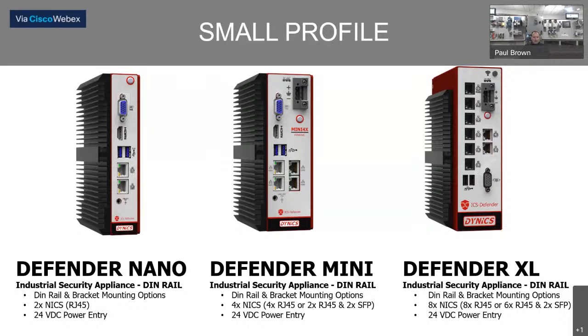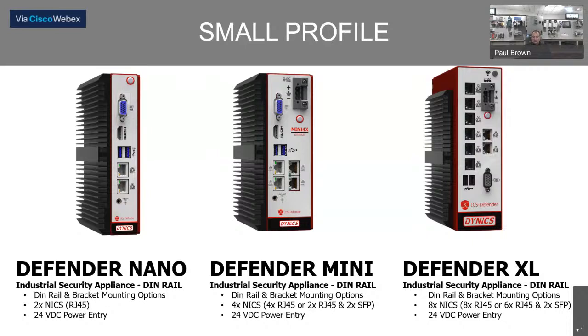The entry level product being the Defender Nano, which comes with 2 copper-based network interfaces, 24-volt power. This is the product that you would use for simply connecting one control network to your IT network. The next level of product is the Defender Mini.